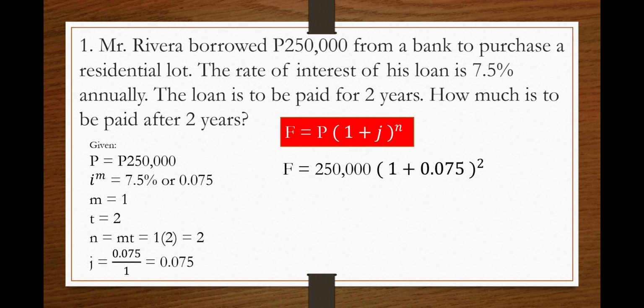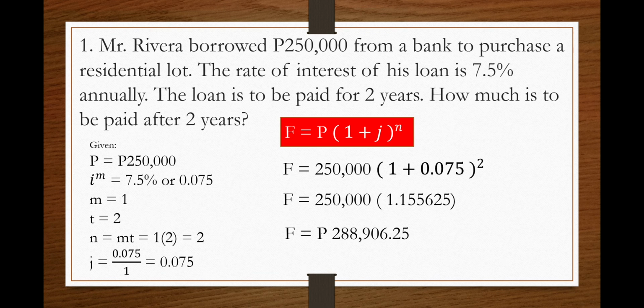And 1.075 raised to the second power is equal to 1.155625. Multiply by 250,000, so that is equal now to 288,906 pesos and 25 centavos. That is what Mr. Rivera will pay after 2 years.